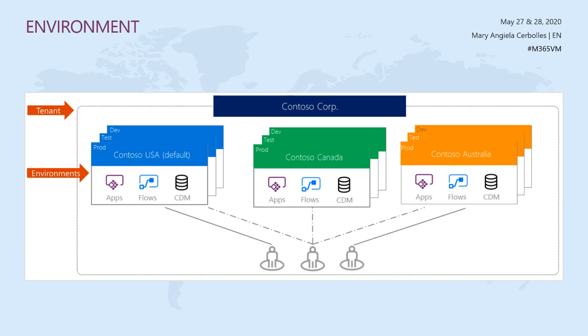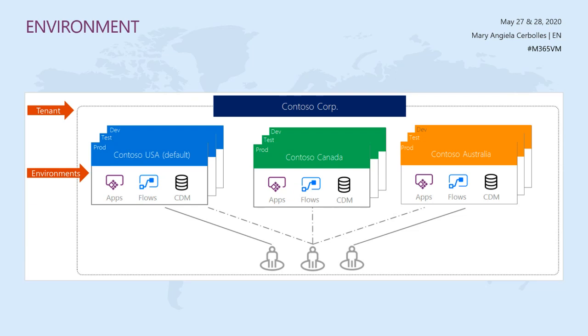So you can create different environments based on geographic location if you have a wider organization, and this will also help you manage or segregate your applications. You could also separate your environments based on your departments, and have different versions like a development environment, test environment, and production environment.